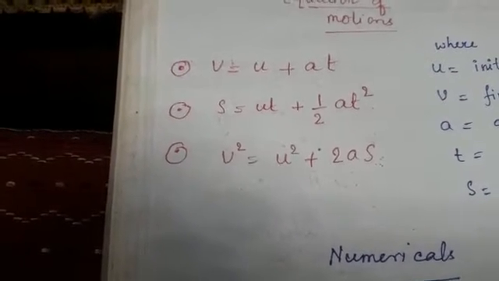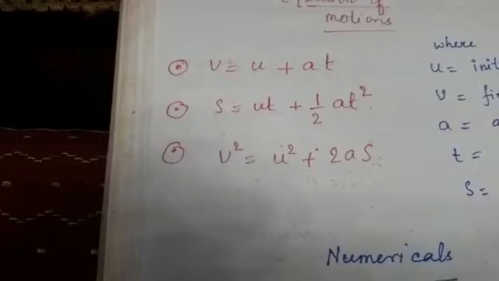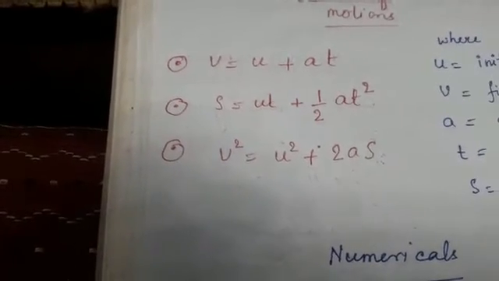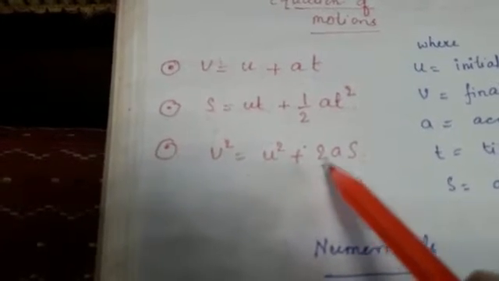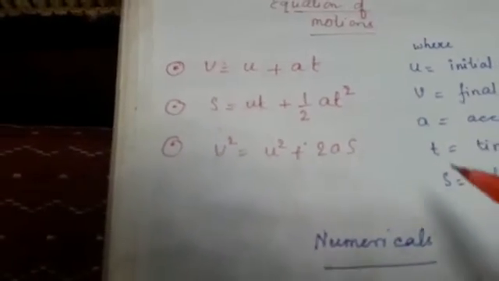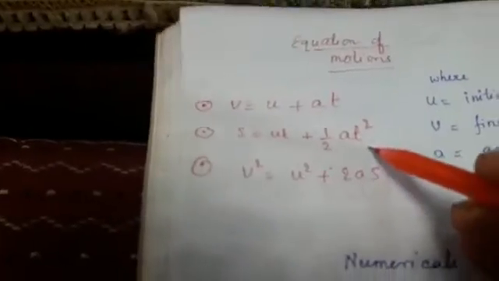And similarly a, the acceleration, is also not given. Two missing data will come across if you choose this formula. So we are going to choose the other formula for this sum.